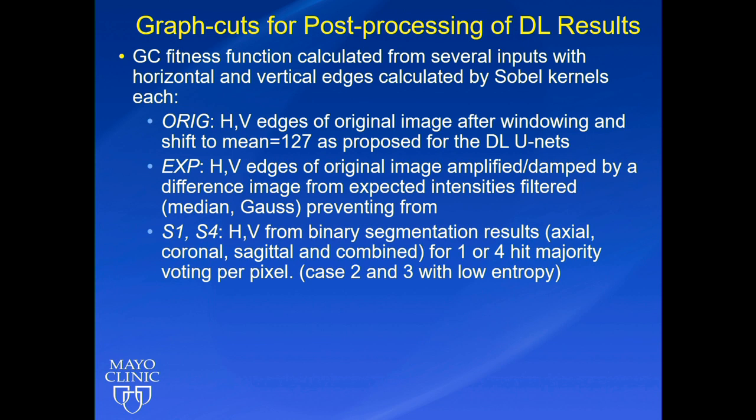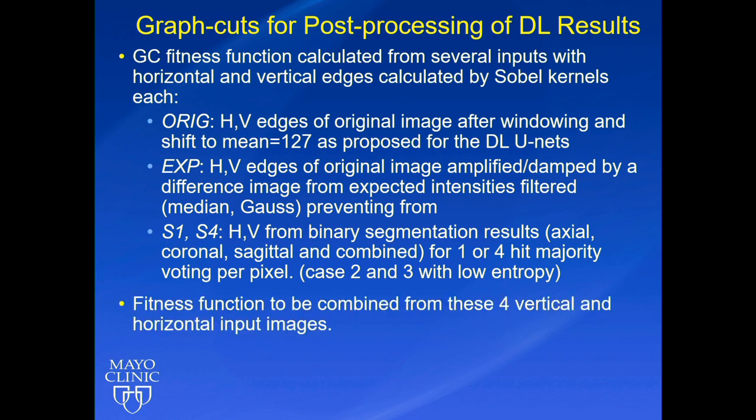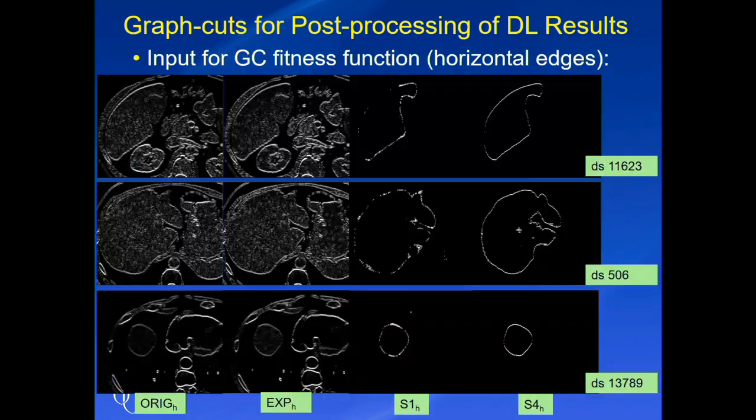Why do we have 4 segmentation results? The combined one, and the axial, coronal, sagittal ones. There it once again helps that all orthogonal views might lead to slightly varying results. And the fitness function should combine all these 4 input images. These are the 4 inputs.